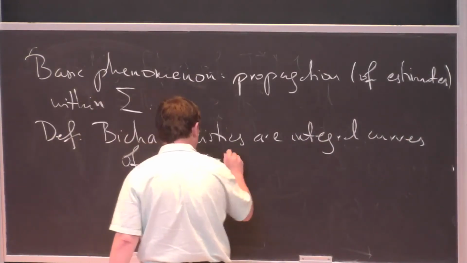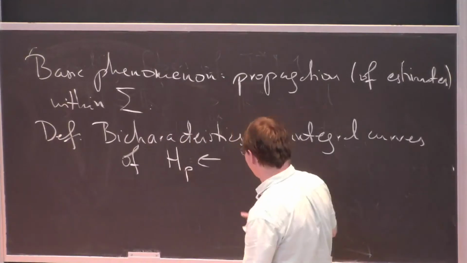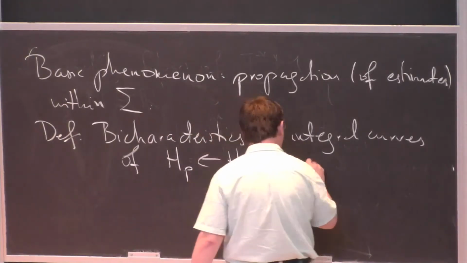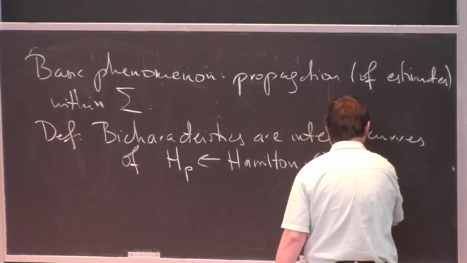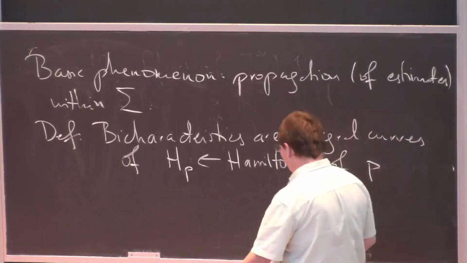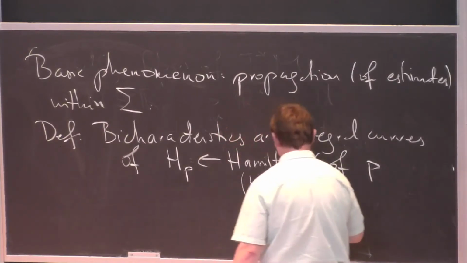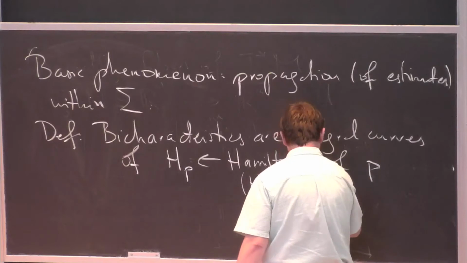So remember, let me write it down. This is the Hamilton vector field of P, corresponding to the Poisson bracket. So this is defined by H_P applied to B is the same as the Poisson bracket of P and B.